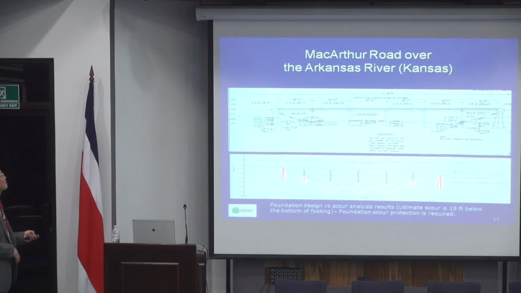And this example, I think that's in Kansas. There's a bridge over the Arkansas River. When the bridge was designed, that's the original design, they have spread footings, but they didn't do scour analysis.